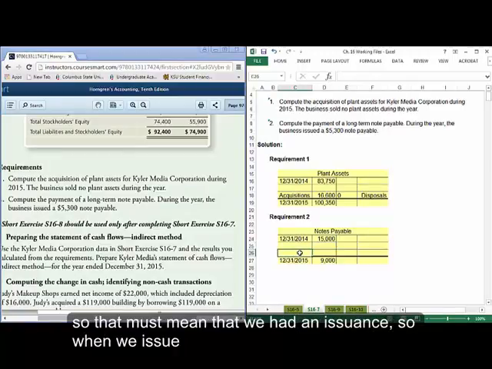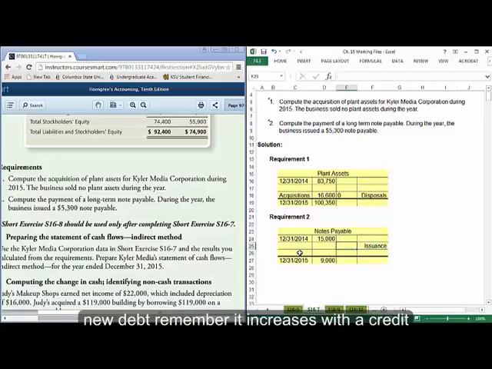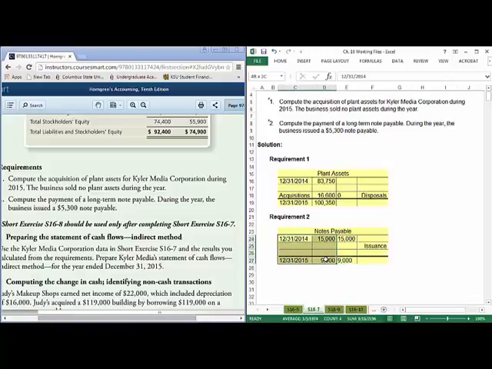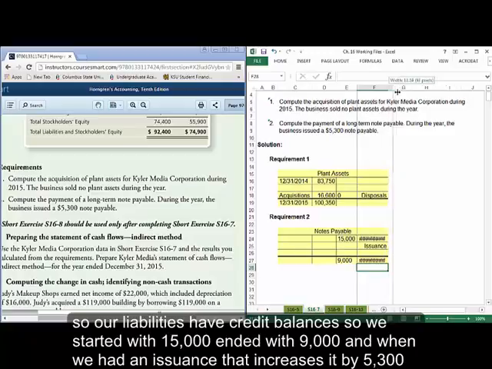So that must mean that we had an issuance. So when we issue new debt, remember it increases with a credit, and I put these on the wrong side, so ignore that. All right, so our liabilities have credit balances.